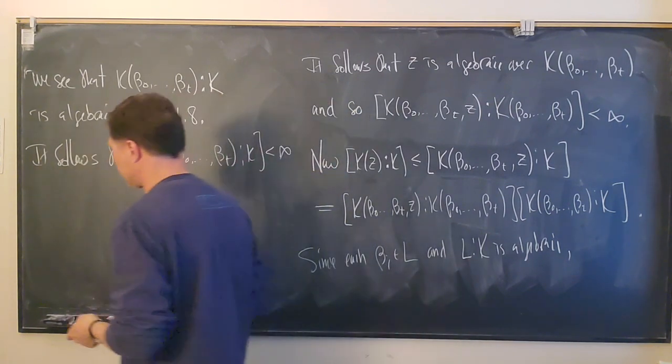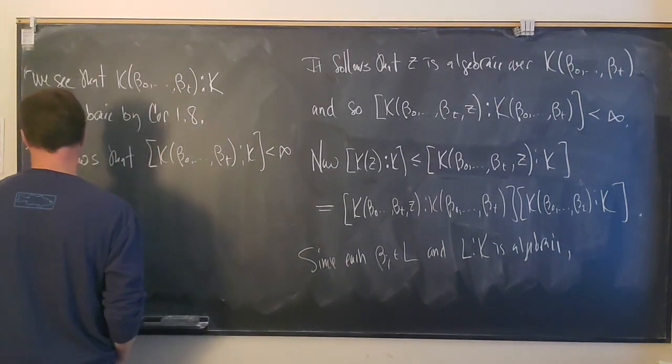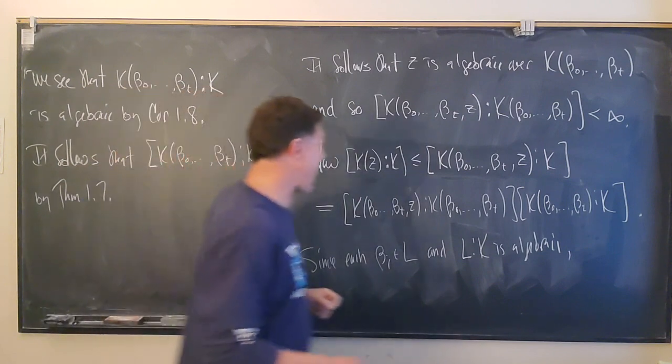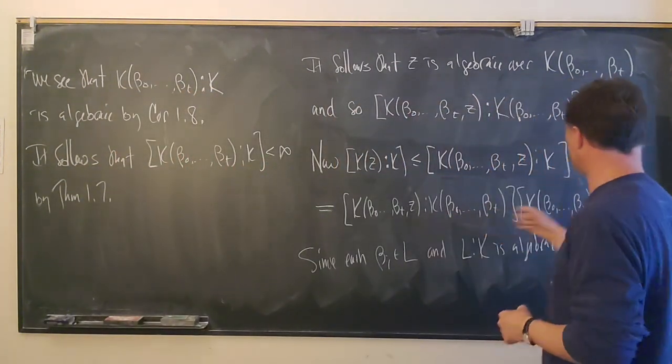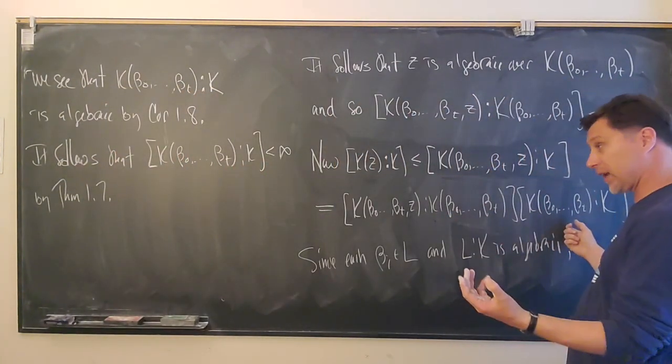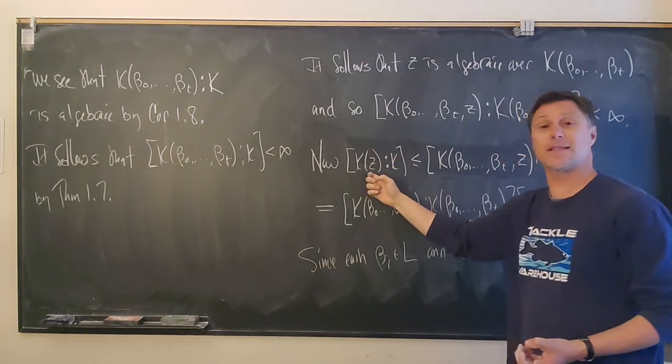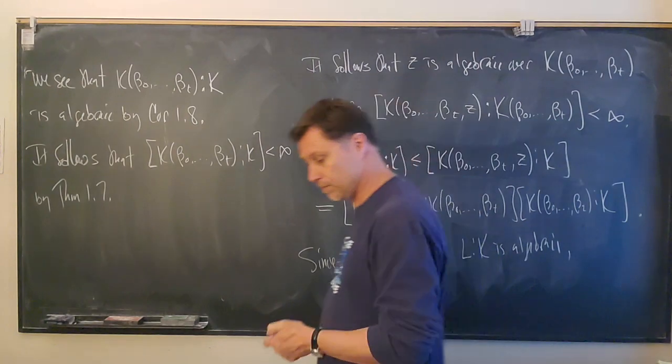That would be by theorem 1.7. So now both factors on the right-hand side are finite, which means that this one is finite, which will tell us that z is algebraic over K.